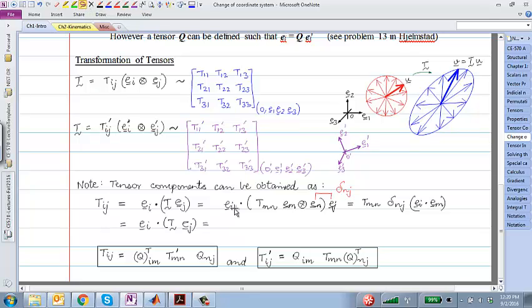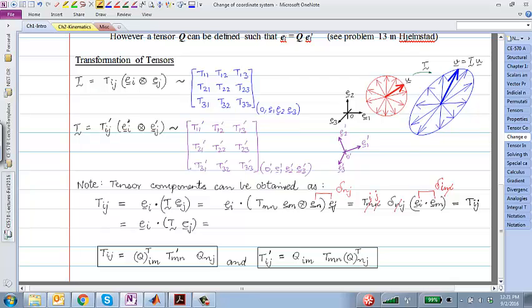So this Ei will dot with Em, and these two put together would be delta im. And once again, if I contract n with this n, I get j here, and this m and this m, I get i here. So what I get on the right hand side is Tij.